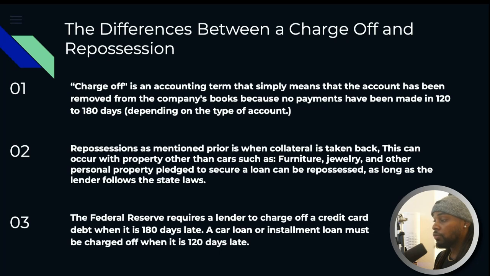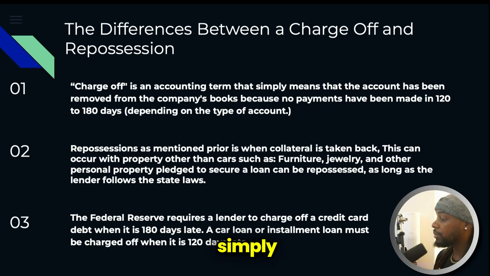And some people didn't realize, but a repossession and a charge off can be the same thing and not the same thing. And I'll explain. A charge off is an accounting term, it's just a term.